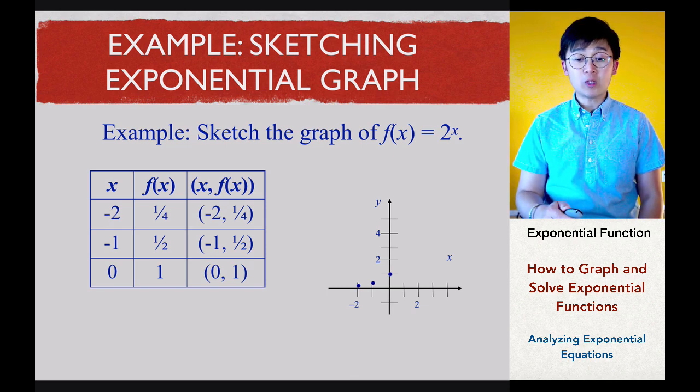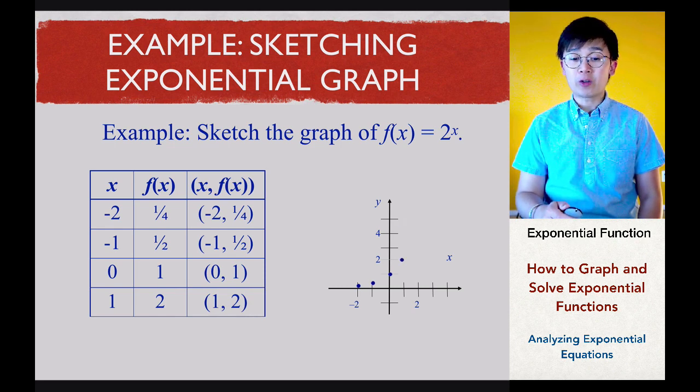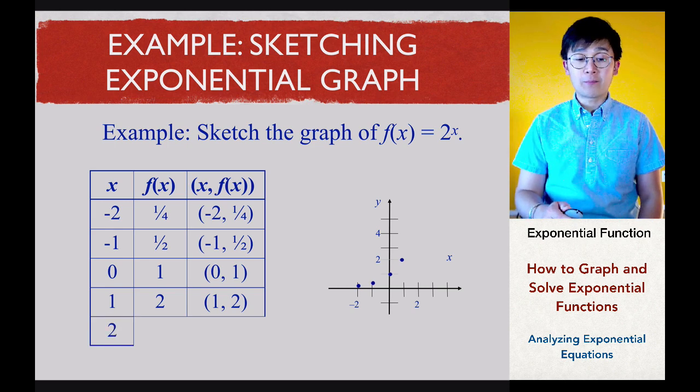So kapag pinagpatuloy pa natin ito, let's say meron tayong positive 1, so 2 raised to 1 is positive 2, so meron tayong point na (1, 2), at kung dagdagan pa natin yung x coordinate natin ng positive 2, ang ating f of x would be 4 kasi 2 raised to the second power is 4.